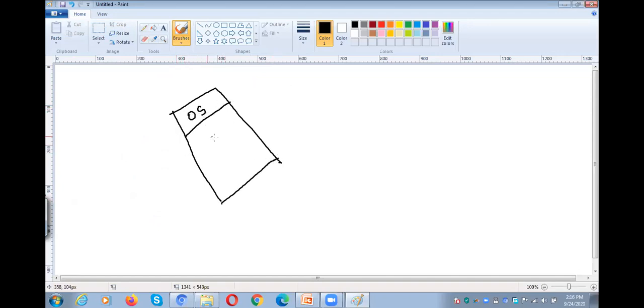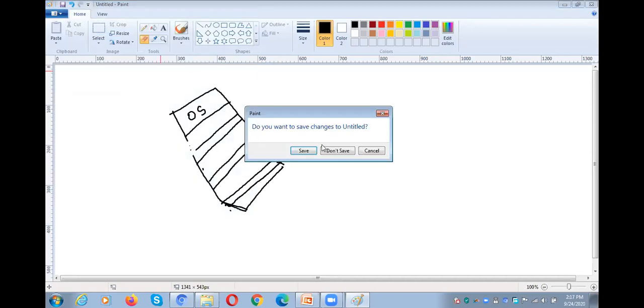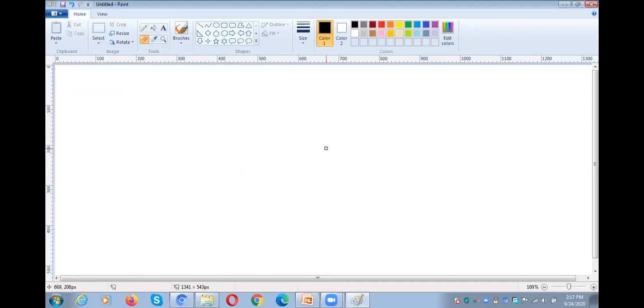So this is the operating system, and the next one. Let me draw neatly. I will go to the next slide and try to draw in a proper manner.